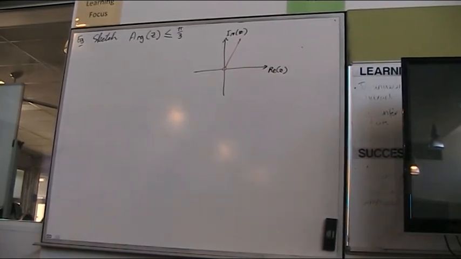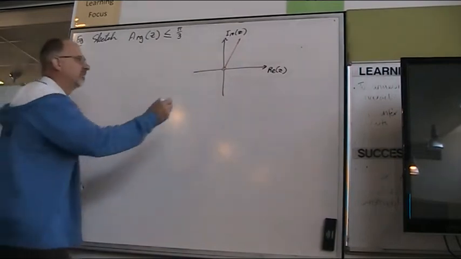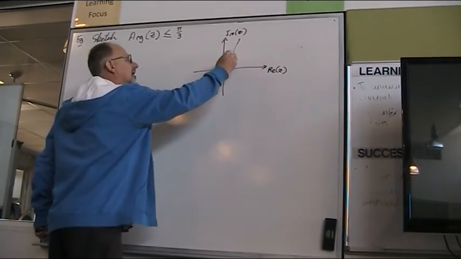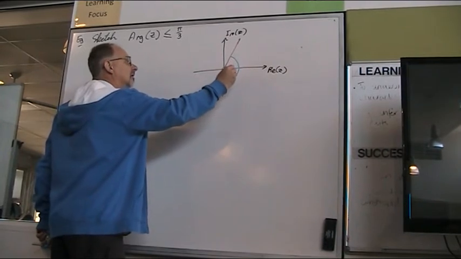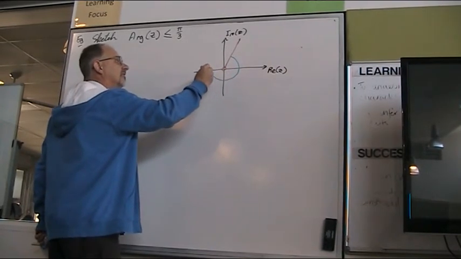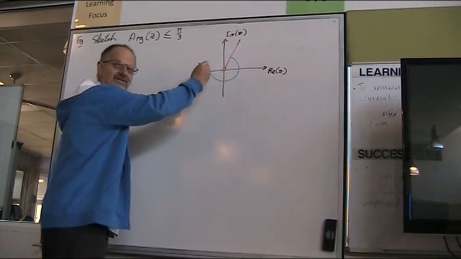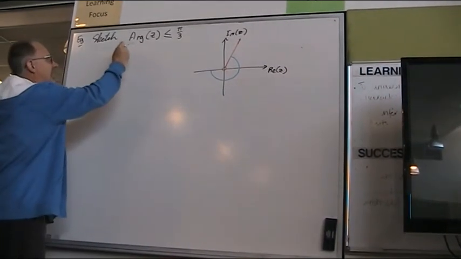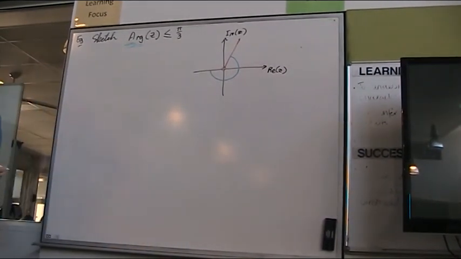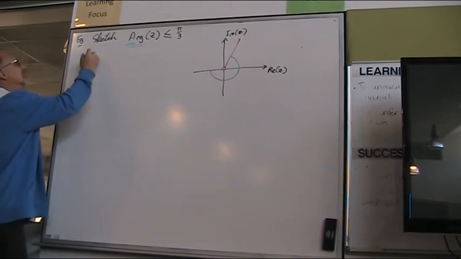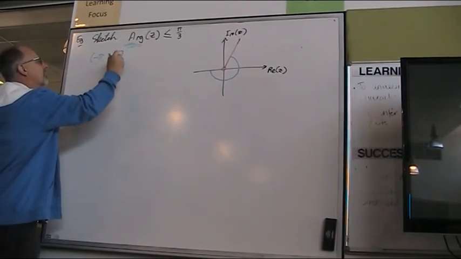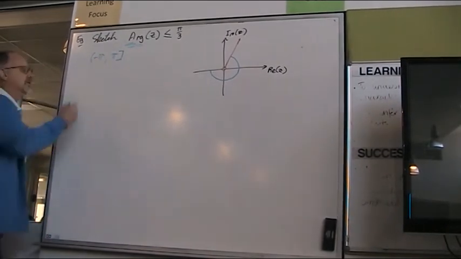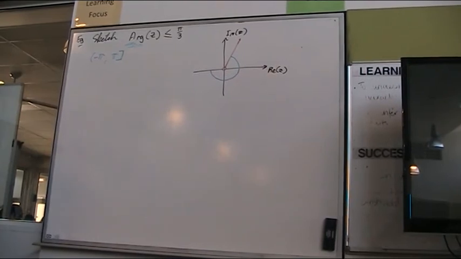So any angle that's less than that would be around this way. Now, how far do I go? Arg goes from negative pi to, square bracket, pi, isn't it? It's around to negative pi.